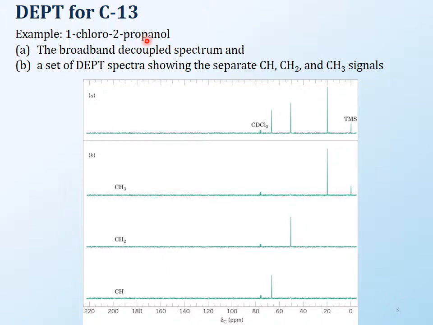It has separated out the CH, the CH2, and the CH3 signals. If you look at the total NMR, you will see the 3 signals, but if you separate it out, you can see how many different signals you have coming from primary, secondary, and tertiary. It doesn't have any quaternary, otherwise it would give you the quaternary carbons also.